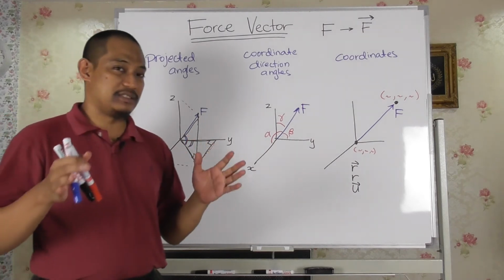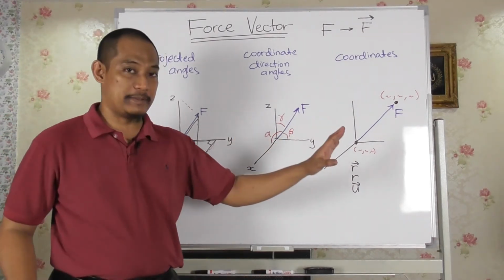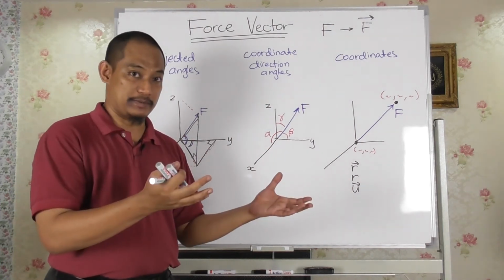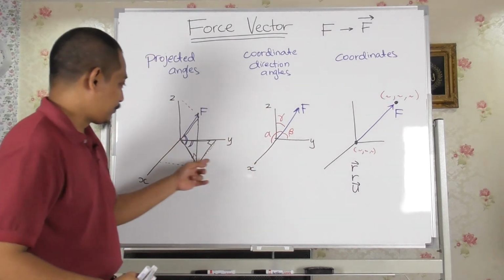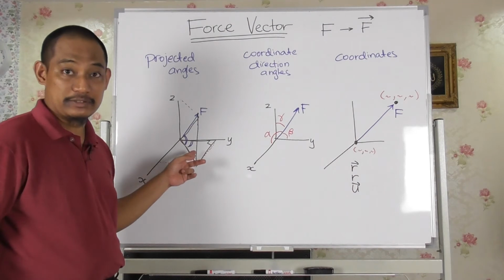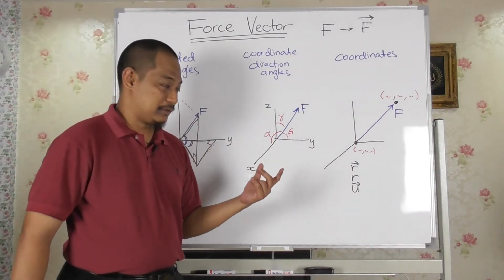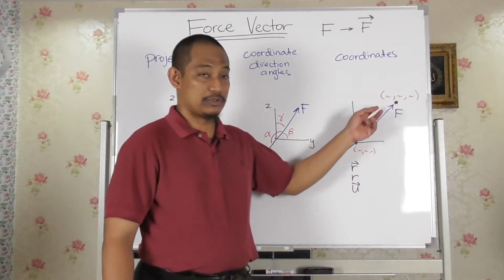So these are the three different types of information that may be given, and sometimes they are combined in one question. For example, in this question you have three different forces. One force is given with information where you have to use the two triangles. One force is given in terms of alpha, beta, and gamma. For one force, you know the coordinates.